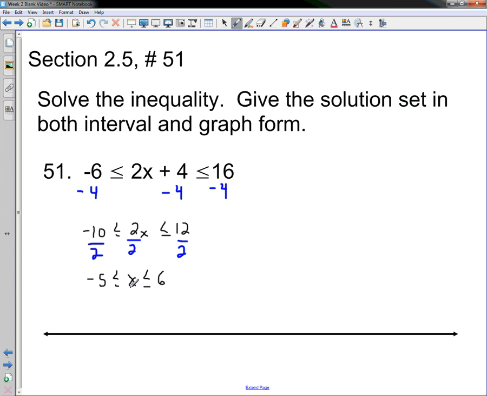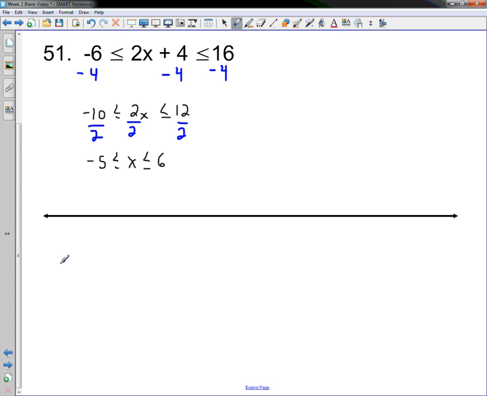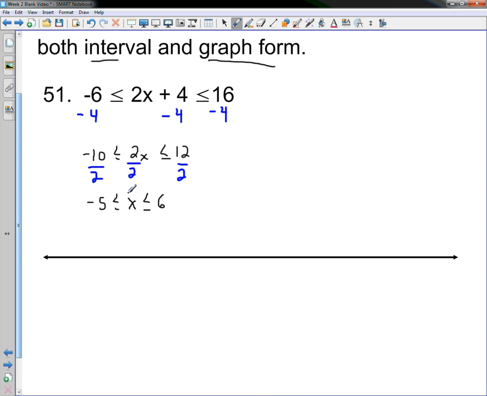So what we are going to do is we want to graph this and put it into interval notation. So the first thing I'm going to do is graph it. And then once you have the graph, you can sort of tell what you need to do for interval notation. Okay, so let's get some numbers on our number line. Notice that I'm working at negative 5 to 6, so I'm going to put 0 here. 1, 2, 3, 4, negative 5.